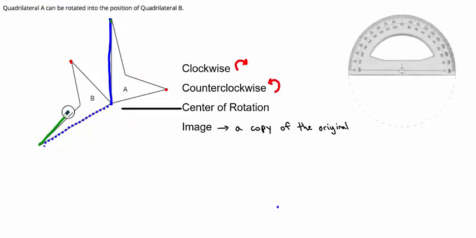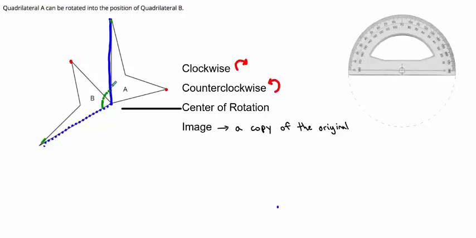So let's just look at these blue corresponding sides. After we rotate figure A on the center of rotation a certain amount, it ends up on B, right? So to figure our angle of rotation, we need to figure out how far does this line, how far does this side turn to get to that side?